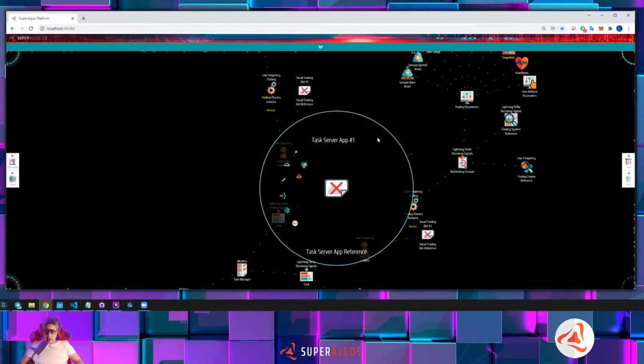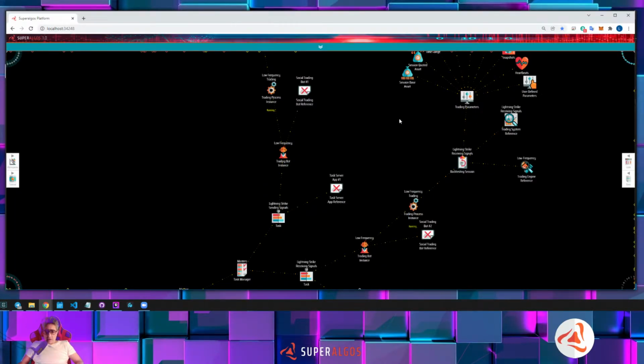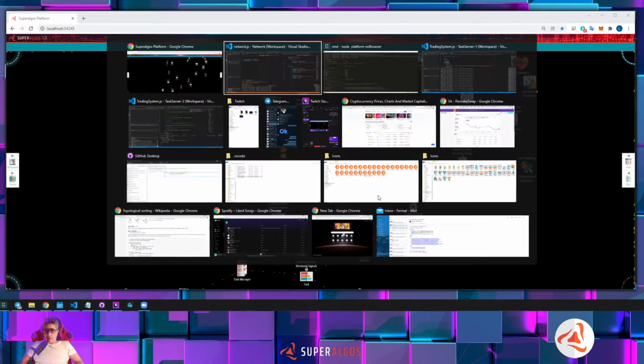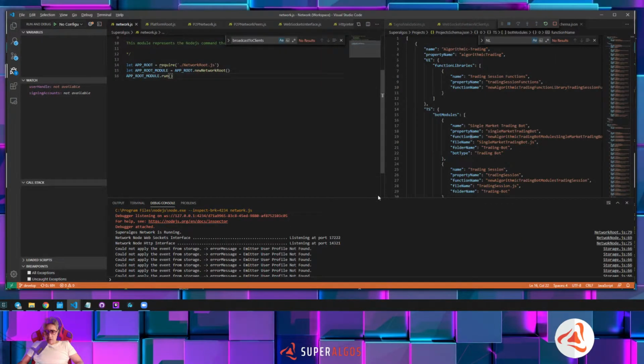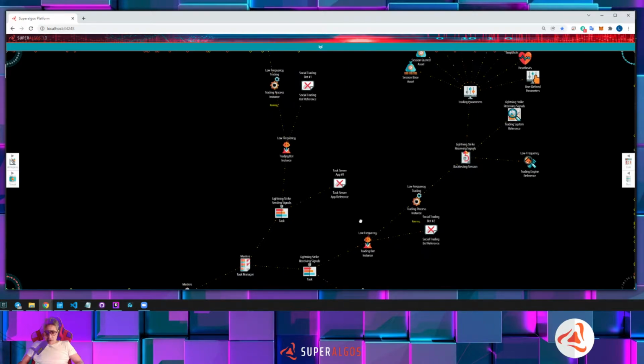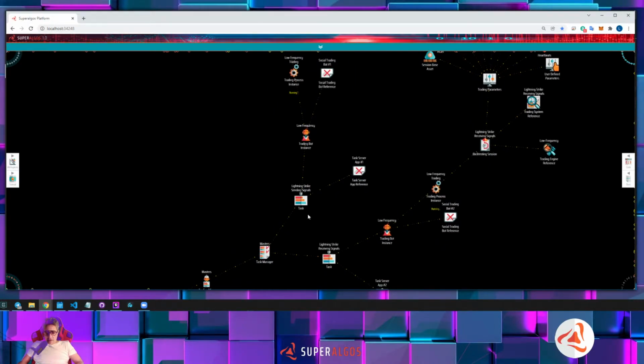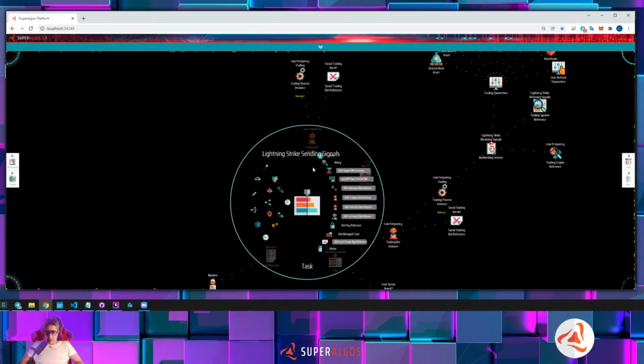Okay. This is what we'll do. We'll keep the network node running here, and we are going to run this task outside the debugging environment. So, oh my god, almost impossible to run this here.